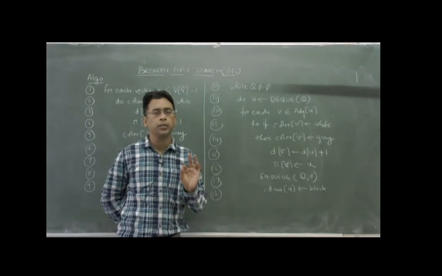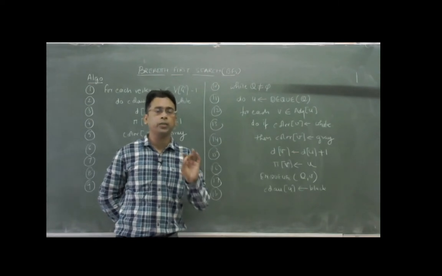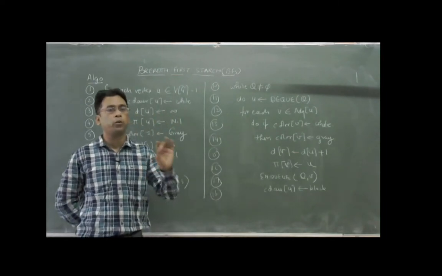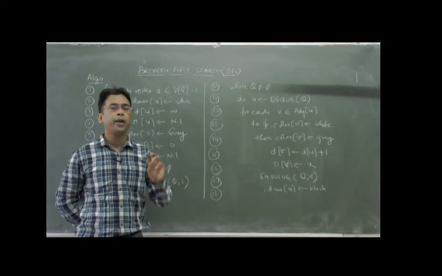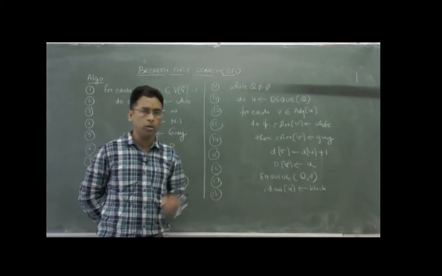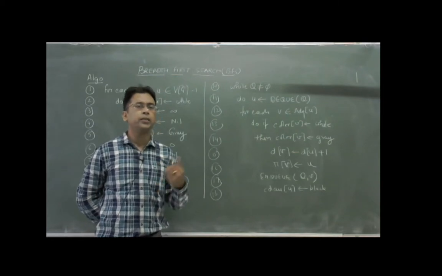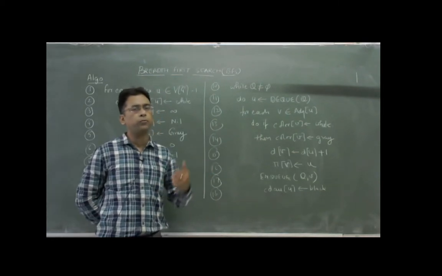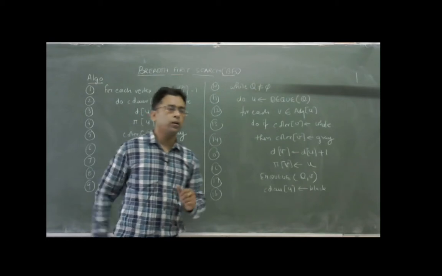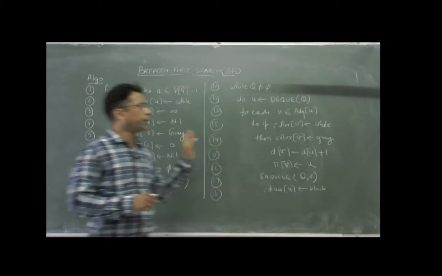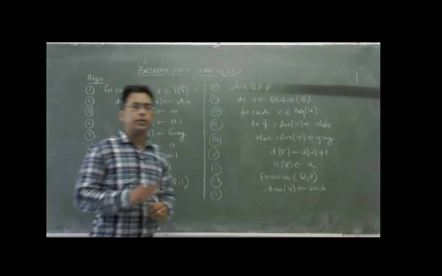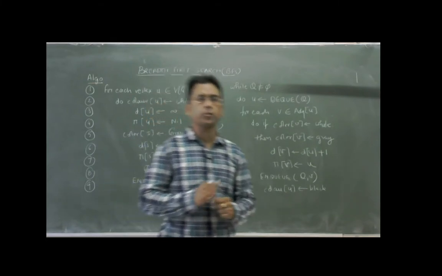White means undiscovered, gray means you have discovered that node but have not processed all the adjacent nodes, and black means you have discovered the node and processed all the adjacent nodes. So three color options, and distance is equal to the distance of the parent plus 1, right? I shall take an example with the help of which I shall explain.